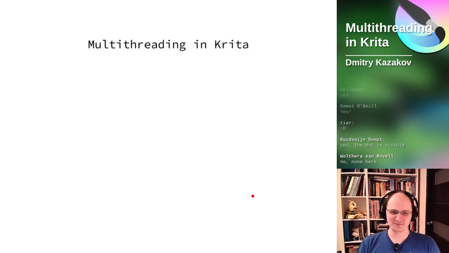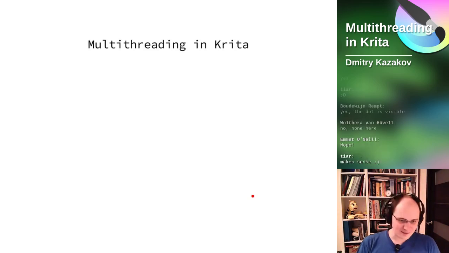Okay, good. So, multithreading in Krita, it's probably a bit wrong title for this slide, because I'm going to tell you about different APIs and different kinds of jobs we have in Krita and we use in Krita.